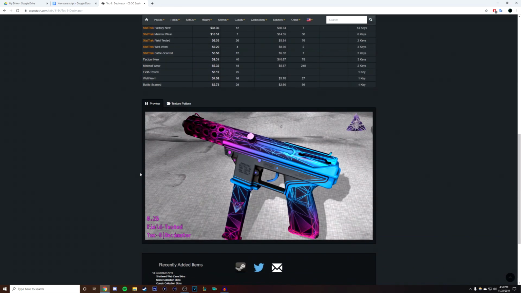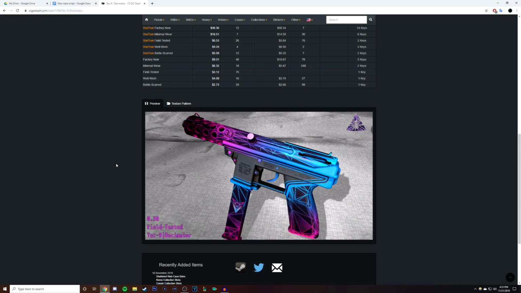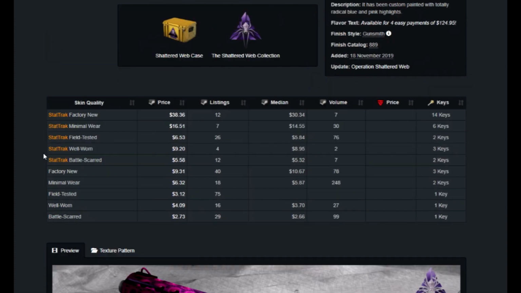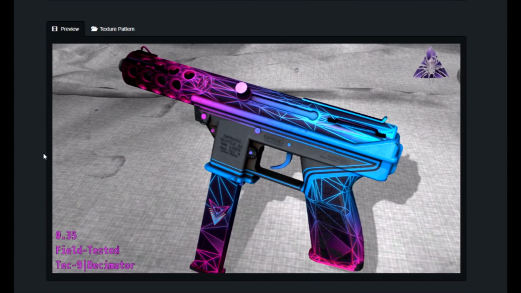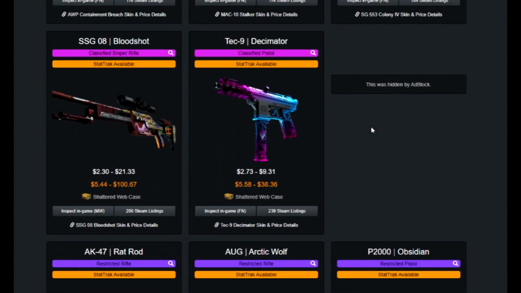You can physically see what a higher float value does to each skin. Sometimes it just makes it a little bit duller, and other times it can really scuff it up as you go down the line. CSGO Stash can help you get an easy understanding of what float values are, so I highly recommend using it because it's free and it can really help you in your skin hunting.